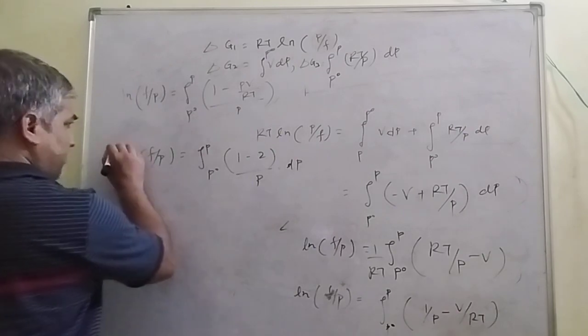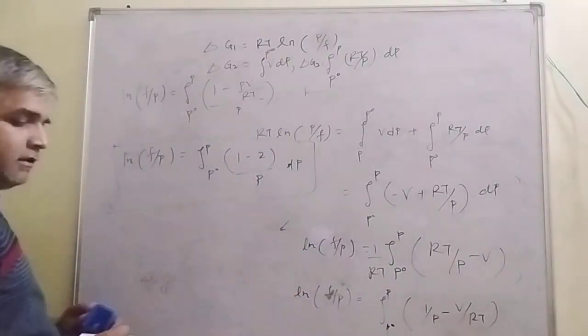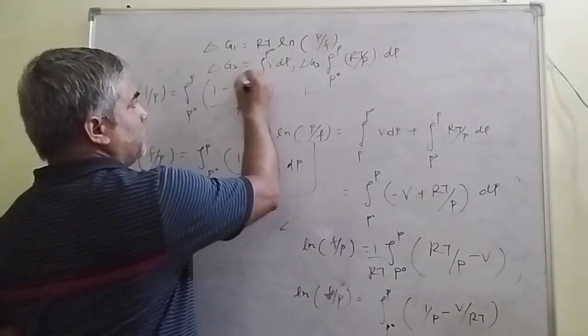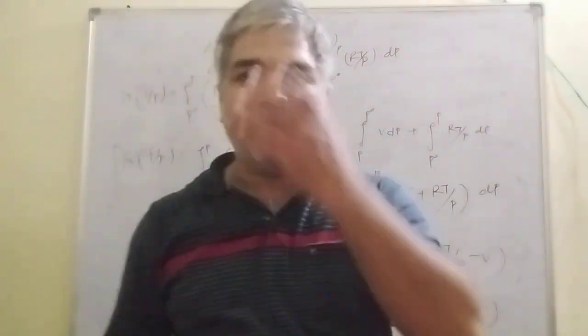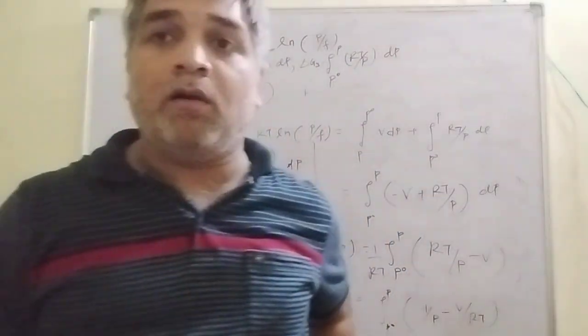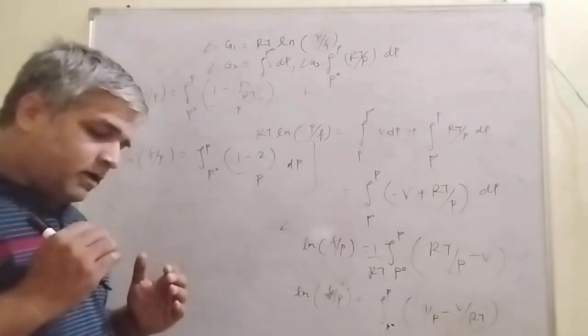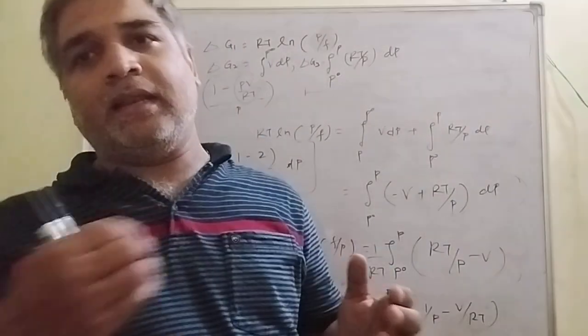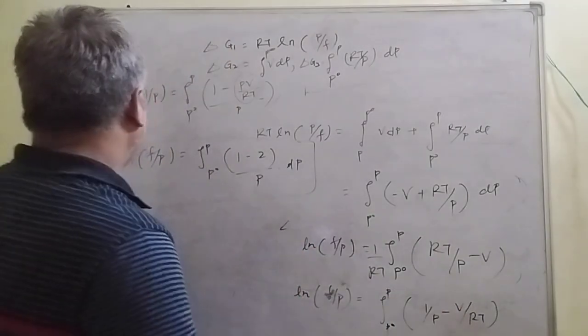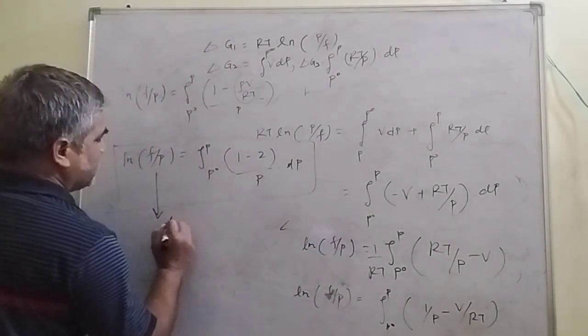So this is the formula of the fugacity coefficient, where Z is equal to PV by RT, the deviation from ideality. With the help of this small description, we can say how my real gas deviates from ideal gas by estimating F by P, which is known as the fugacity coefficient, phi or gamma.